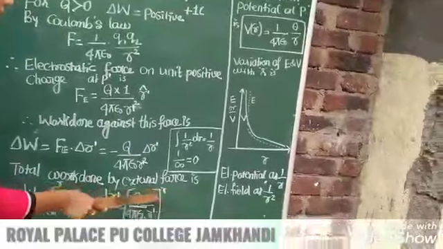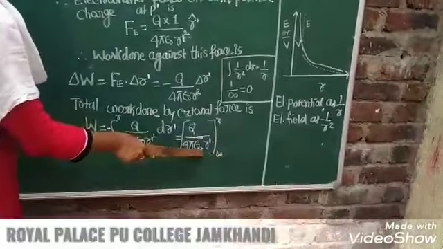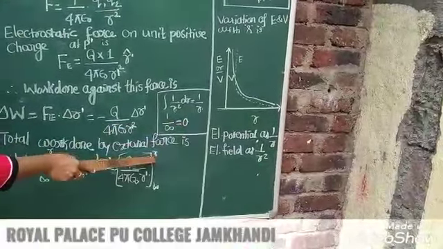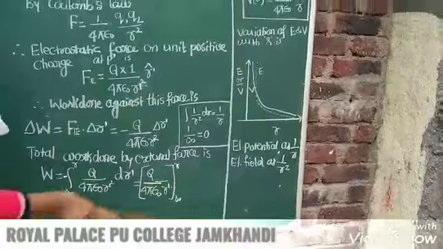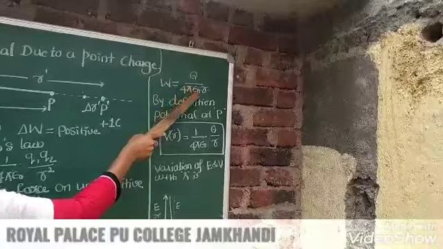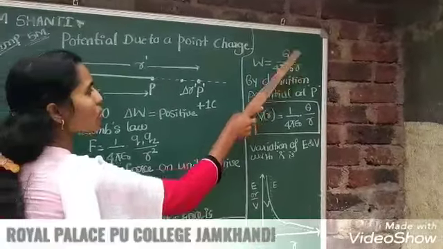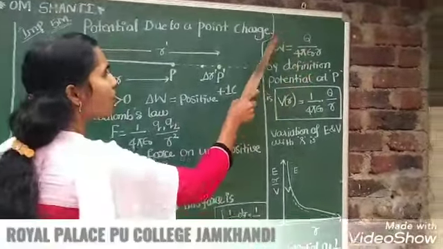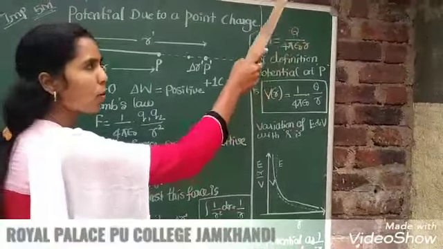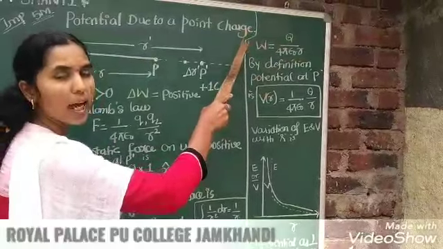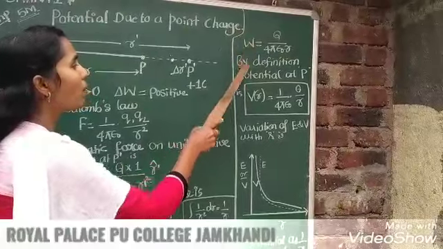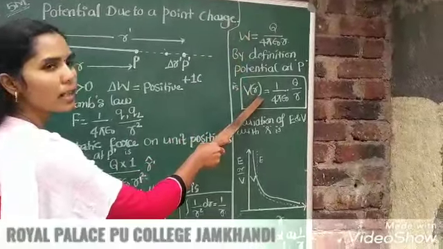And when you substitute the upper limit and lower limit here, 1 upon infinity will become 0. That's why only 1 by r remains. So the work done W is equal to Q upon 4 pi epsilon naught r. By the definition, the amount of work done to bring a unit positive charge from infinity to the given point against the electrostatic force in the field is called the electrostatic potential.